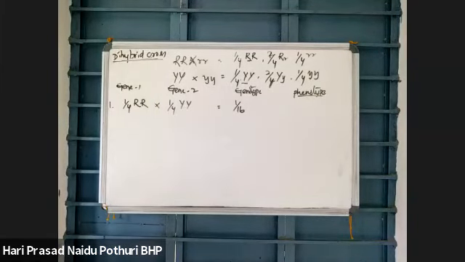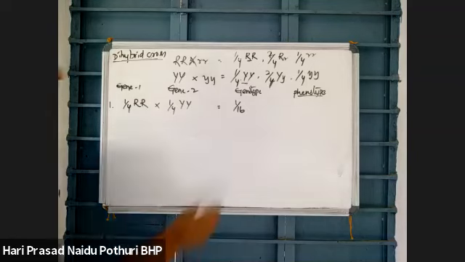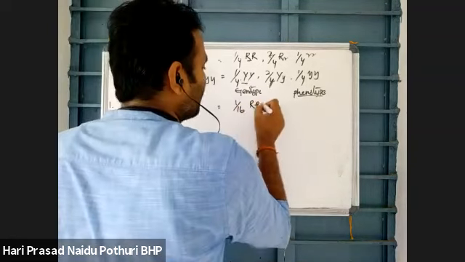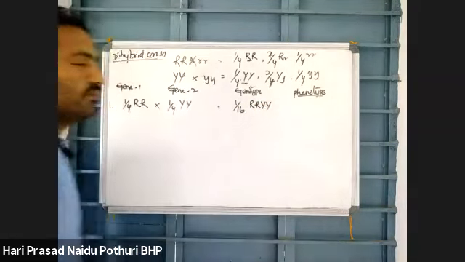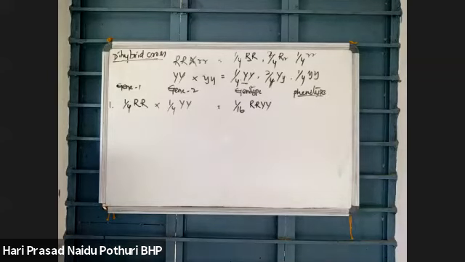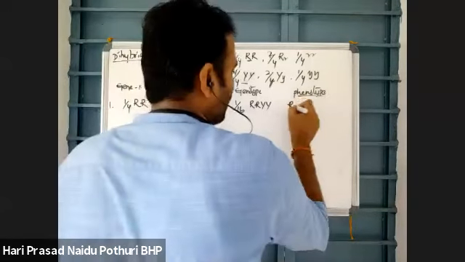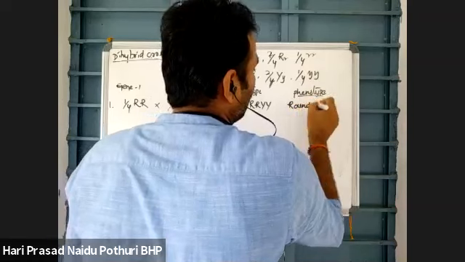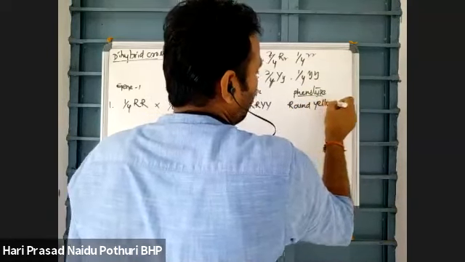The genotype possibility is 1/16 capital R, Y. That is giving which phenotype? Round yellow phenotype.